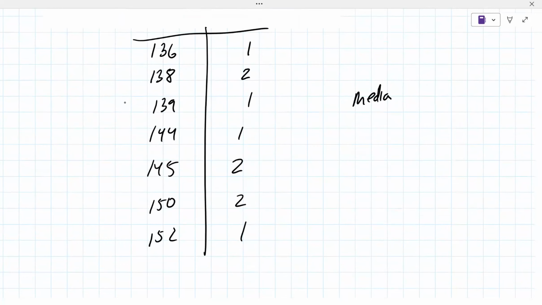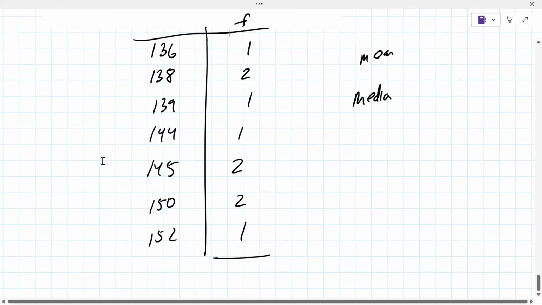Just the mean and median. The mean you could do either way. To find the median: 1, 2, 3, 4, 5, 6, 7. It's 144. How did you come up with that? How many values total are there? 7. Did I count that wrong?